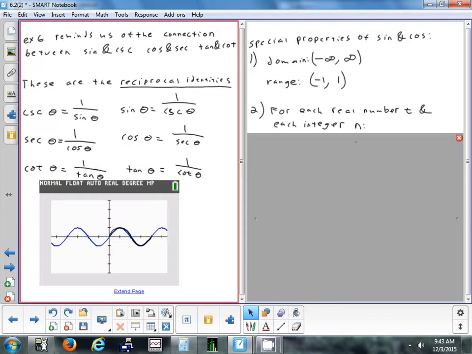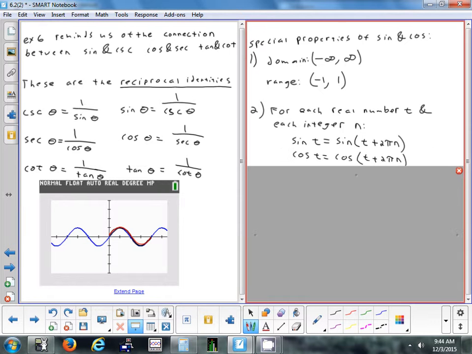Just copy and paste what I just drew over and over, left and right, and you get the graph of sine. After you go through this section, the graph is just going to repeat itself and do the same thing again. How many degrees do you think you have to go through before you get all the way back to where you started and it's going to repeat itself? 360. Or 2 pi, same thing.